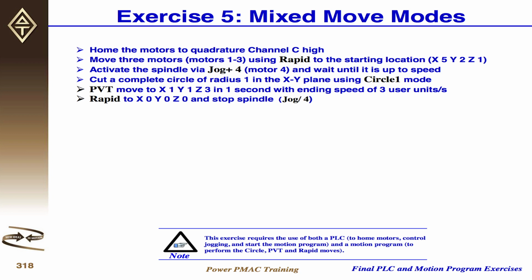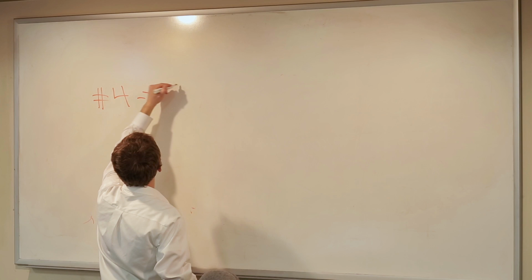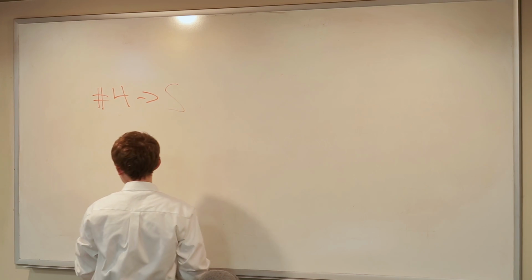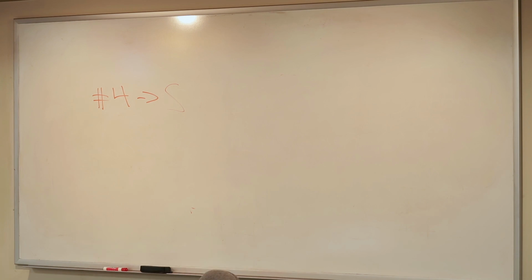The spindle assignment is, for example, hash 4 points to S, and then you can use that as a spindle and jog it as you desire.